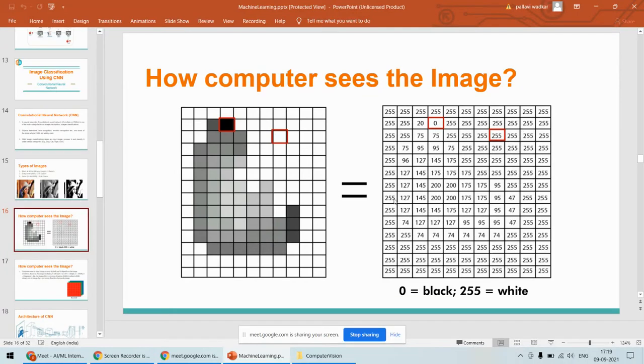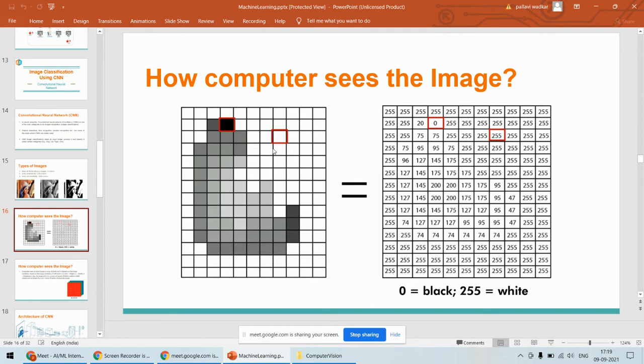So in the computer, this image will be represented in terms of pixels, and these pixel values range from 0 to 255, where 0 represents black color and 255 represents perfect white color.